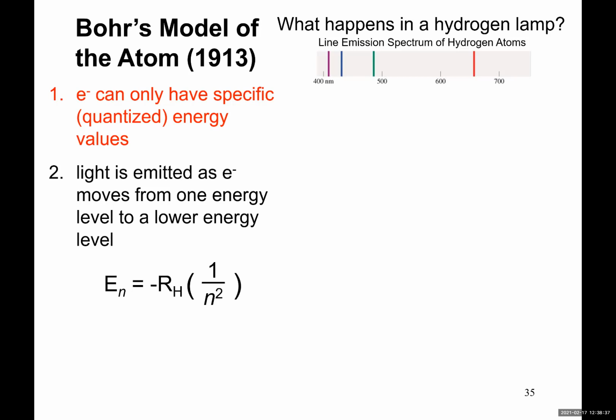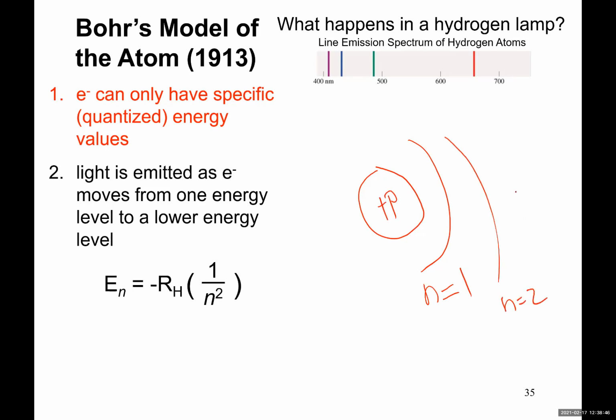If I look at this atom, this is n equal to 1 next to the proton, and then there is n equal to 2 and n equal to 3. Although the second and third energy levels are empty in hydrogen because hydrogen has one electron, he can calculate all these different energies. n is the principal quantum number, and by placing n equal to 1, 2, 3, he calculates the energy of the different levels that an electron can take.